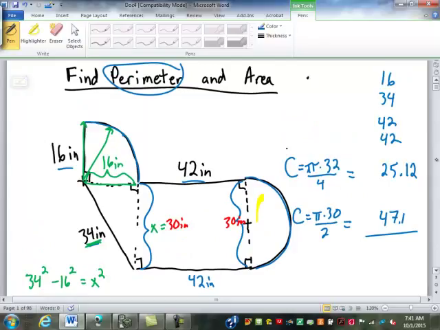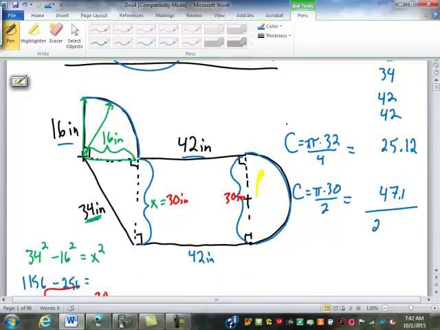So we add those all up. 16 and 34 make 50, 92, 134, 159.12, 206.22. Come out right? About. It's 206.3, 206.4 if you use the pi key. How many of you had 206 about? Okay, anybody totally lost as to where 206 came from? No? Okay. Well, that's good at least.